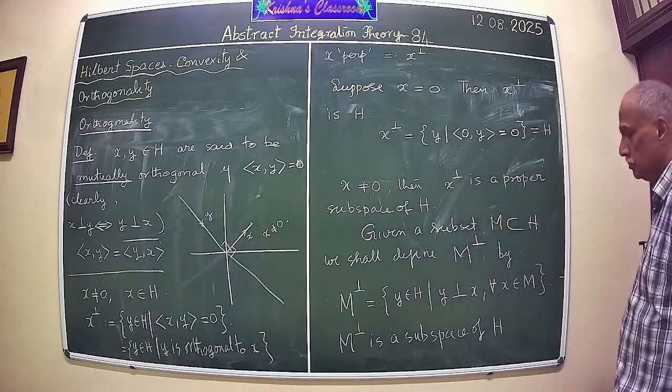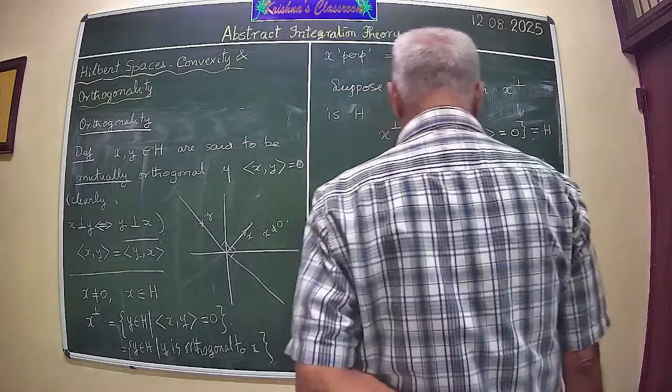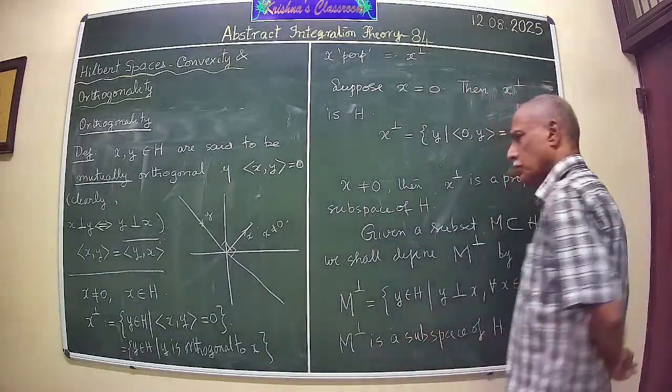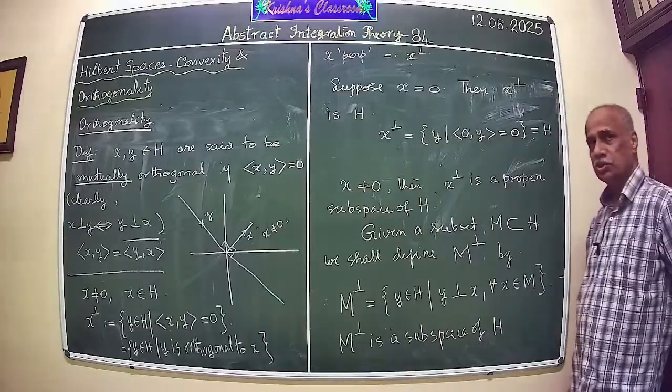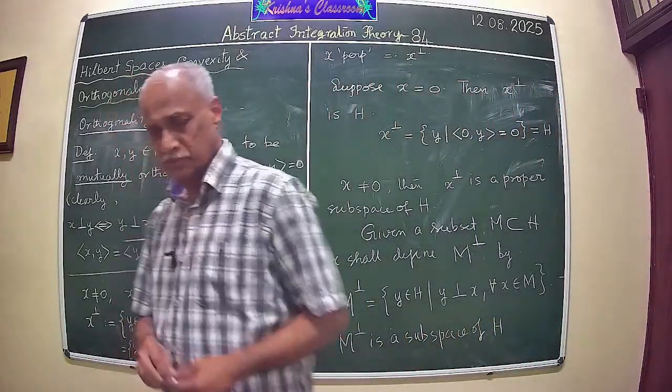Why? Because if y1 belongs to M perp and y2 belongs to M perp, then y1 plus y2 belongs to M perp. Also a scalar multiple of y belongs to M perp. That's the reason.